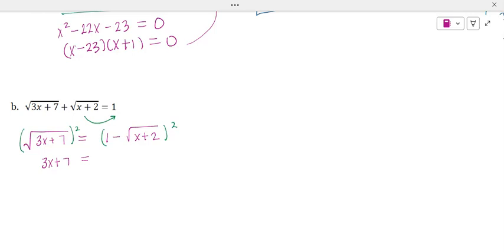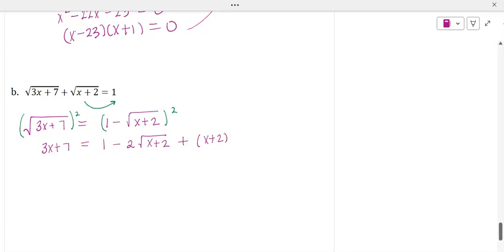On the right, we square the first term. We multiply the two terms together and double, so that'll be minus 2 times the square root of x plus 2. And then we square the last term. So that'll be plus x plus 2. Okay.